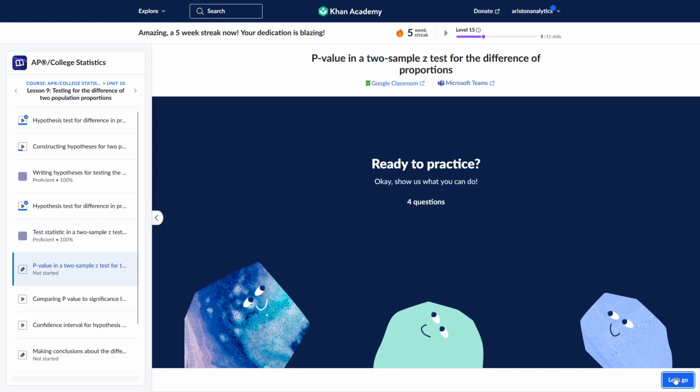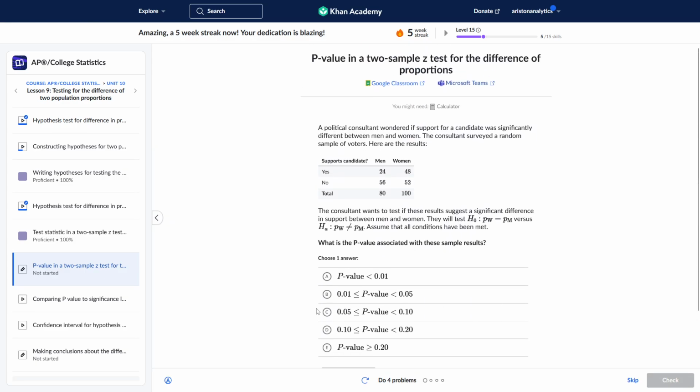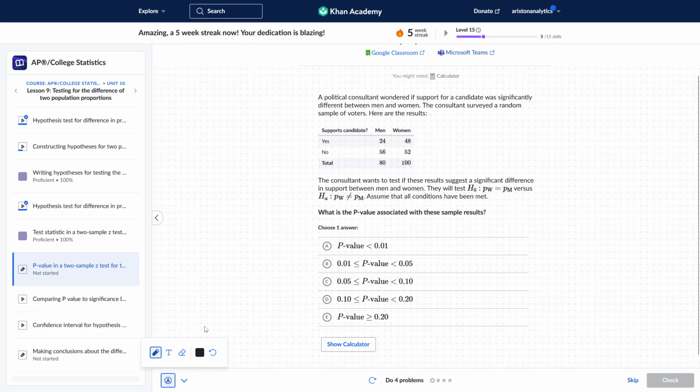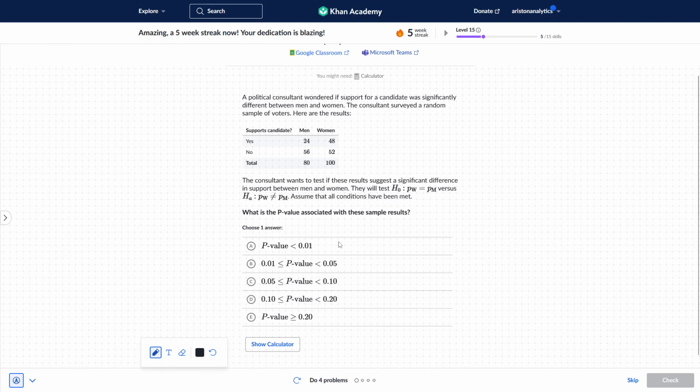Yeah. P-value in a two-sample z-test for the difference of proportions. Okay. P-value associated with these sample results. Okay. Z equals this minus 0, something like this.